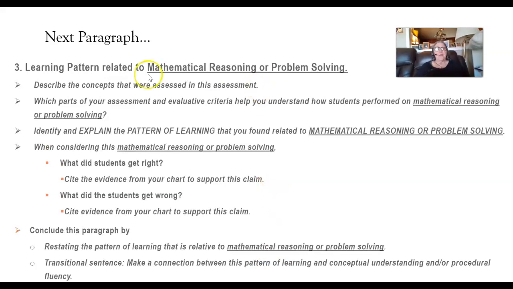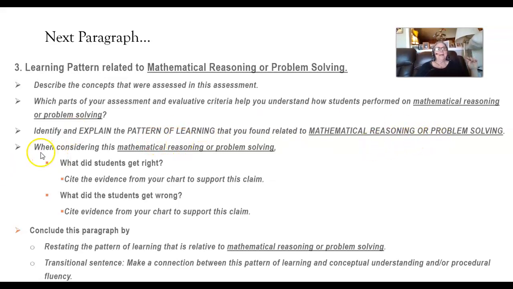Your third paragraph is going to be a learning pattern that you found that's relative to mathematical reasoning and problem solving. Again, you're going to describe the problem solving concepts and mathematical reasoning that's assessed in the assessment, what parts help you understand how students performed on mathematical reasoning or problem solving, and identify and explain the pattern of learning to that.